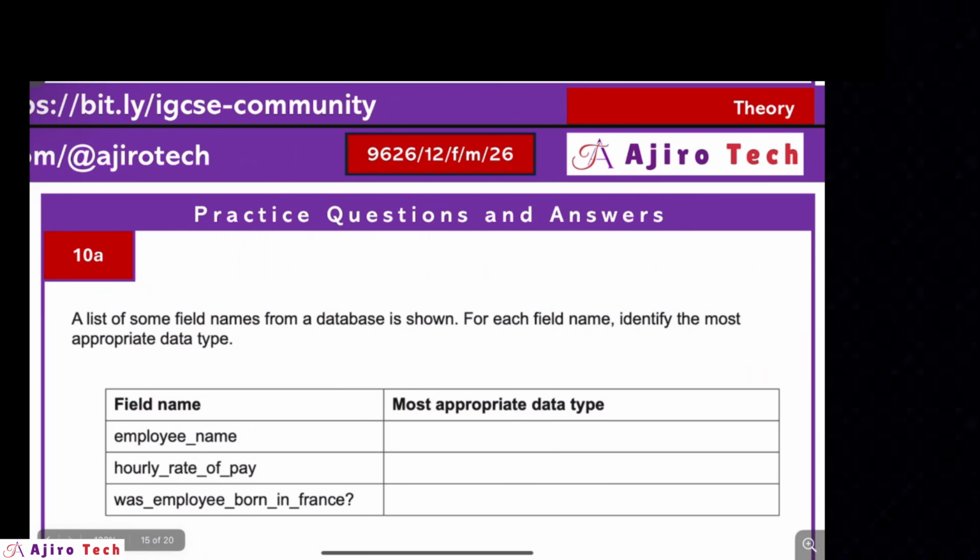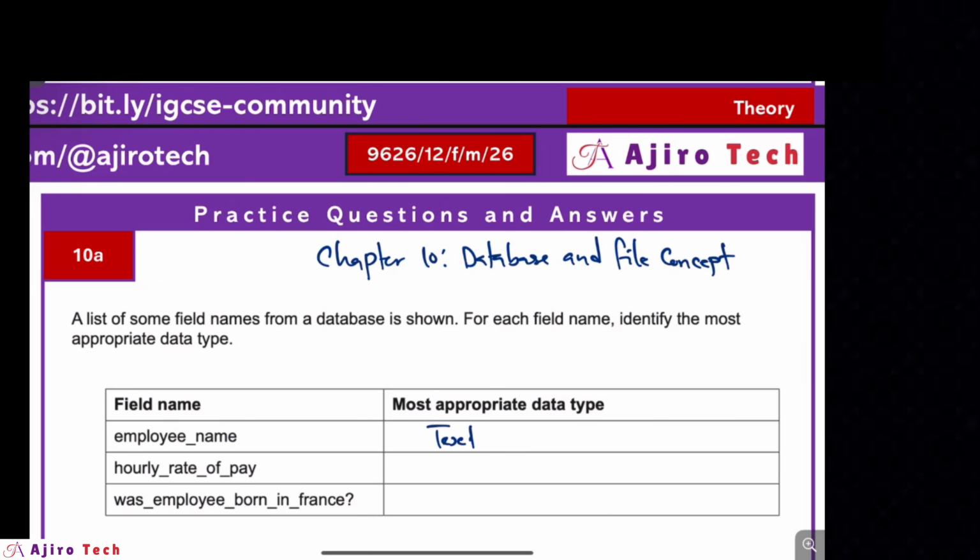A list of small fields from a database is shown. So this is chapter 10, database and file concept. For each field name, identify the most appropriate data type. Employee name is usually a text. Yes, a text.